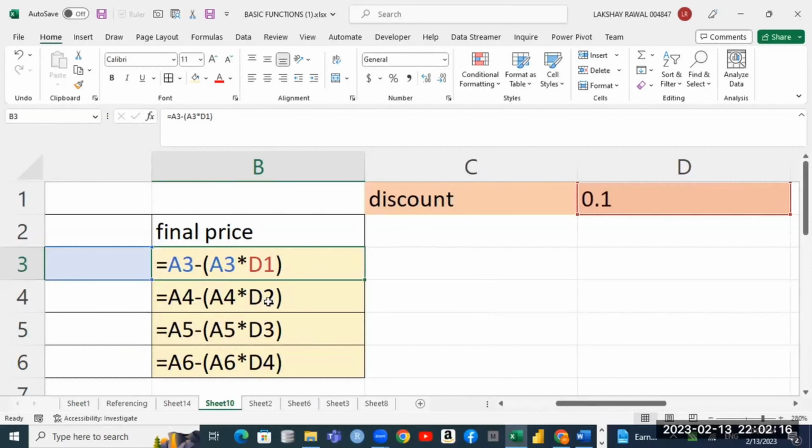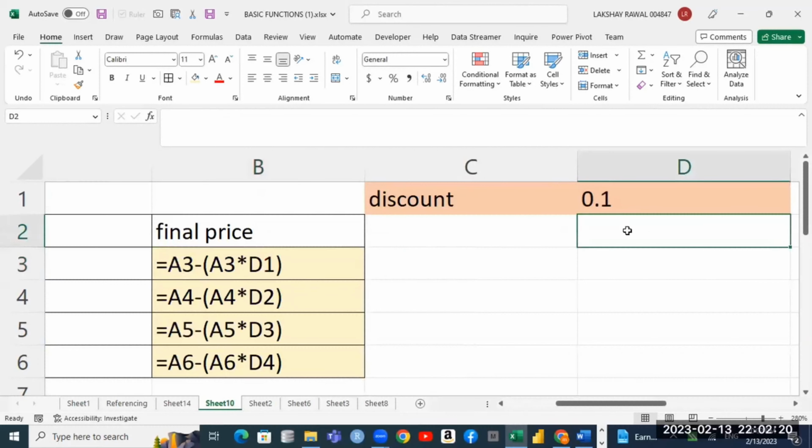What is written here? D2. What is in D2? D2 is the final price. D1 is the discount. And D2 is empty, isn't it?